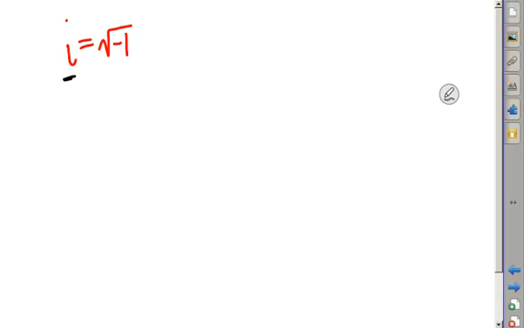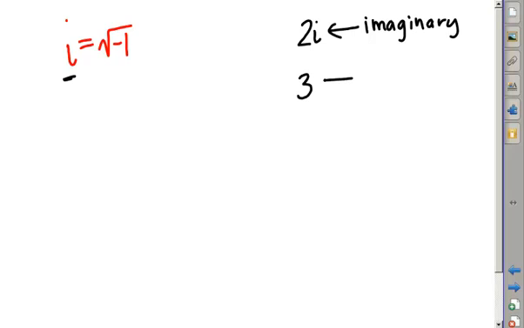So i is our imaginary number. If I have 2i, this is an imaginary number. If I have a number like 3, this is real, okay?